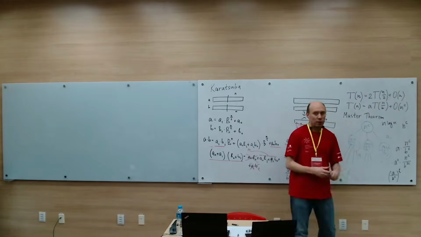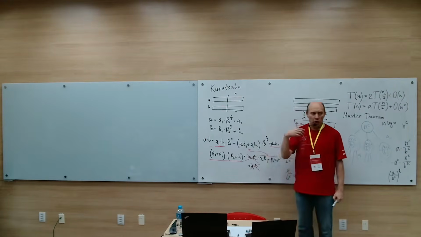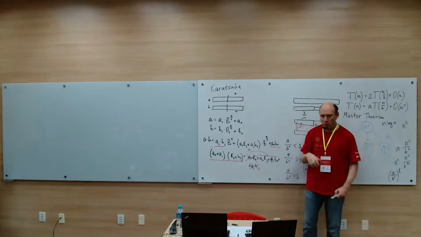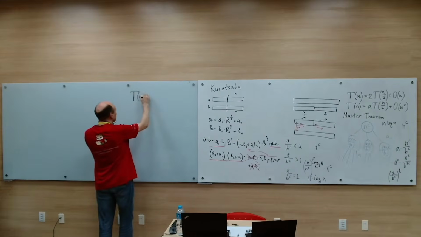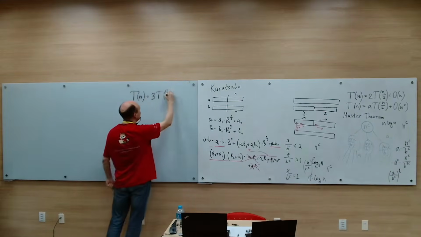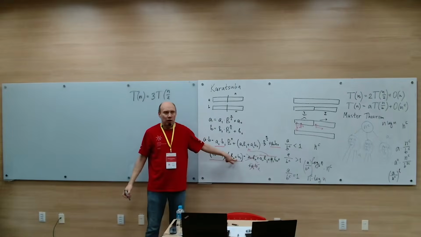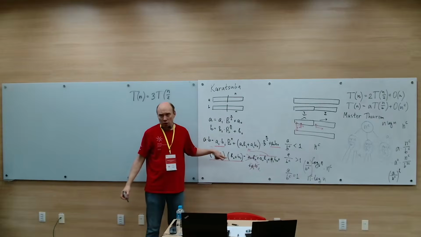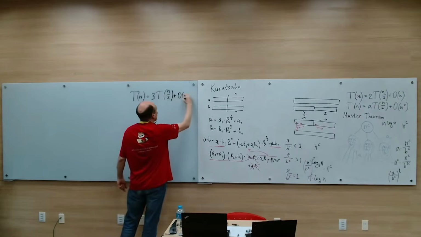From 4 it now becomes 3, because you only have 3 multiplications of smaller integers to do. And that leads us to T of n equal to 3 T of n divided by 2. This one is a little bit bigger by 1, so this number has one more digit, but that's not important. That's a constant. Plus O of n.